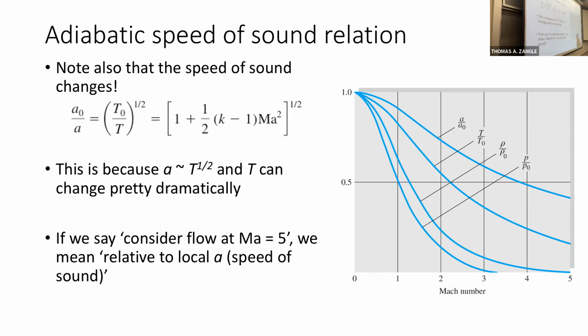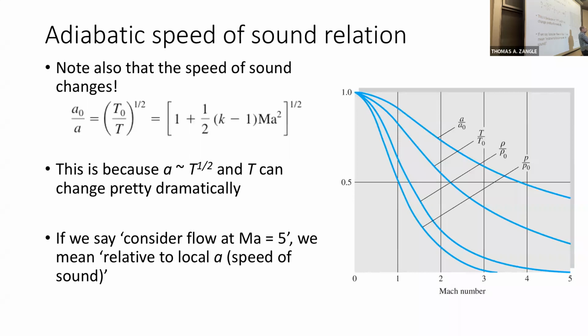So the question is, when we say a plane is flying at Mach 5, what are we referring to? It's sort of analogous to external flow and when we were talking about Reynolds number.